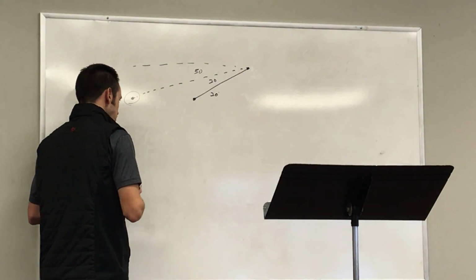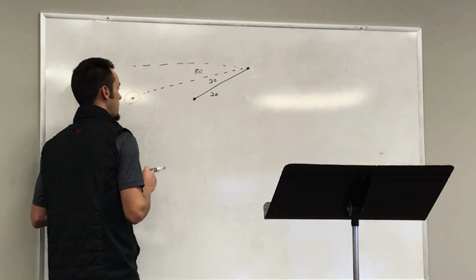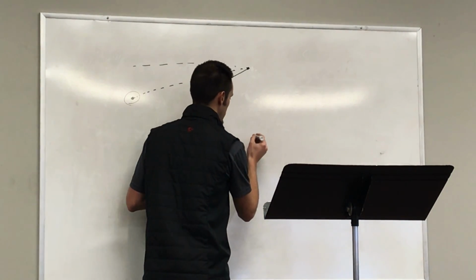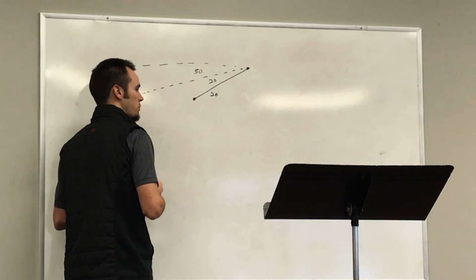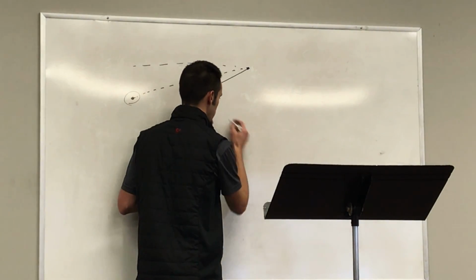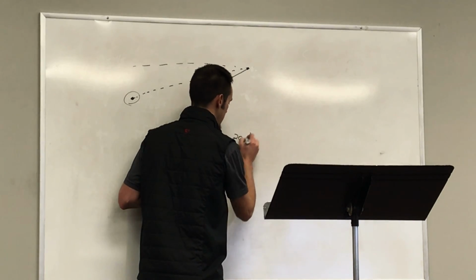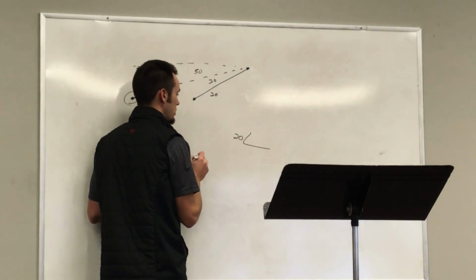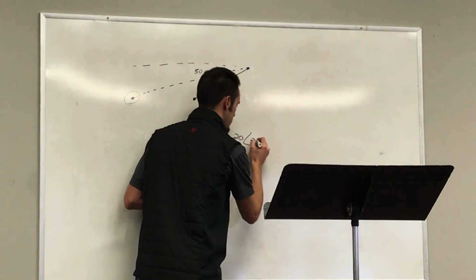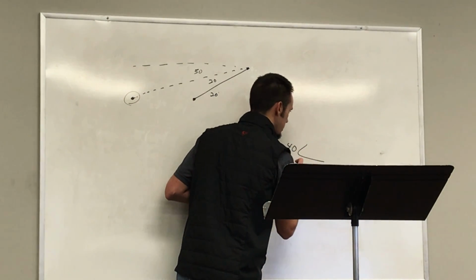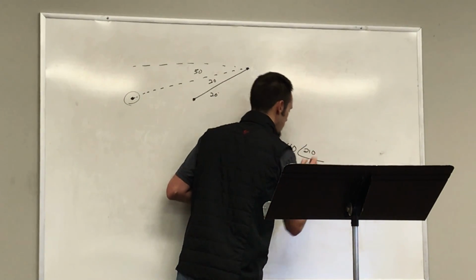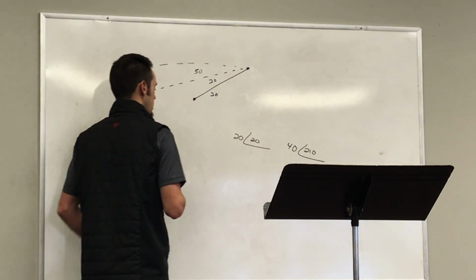So basically what we have to find is how he ended up, and the final answer is always written in rectangular form, which makes it easier. This initial one here is 20 at an angle of what? 20 degrees, right? Also, he went 40 at an angle of what? 210. Okay, so we have to add those two together.